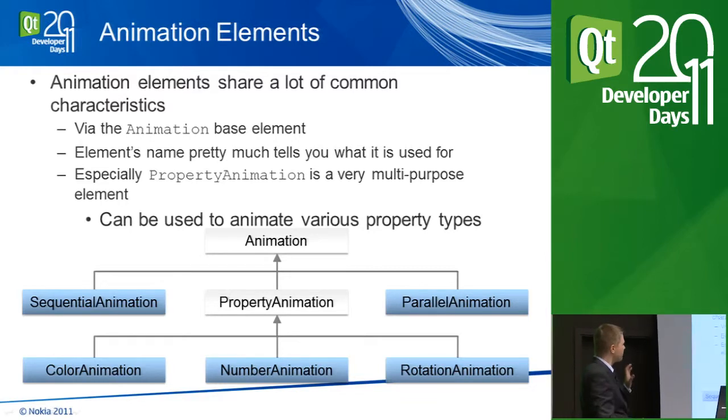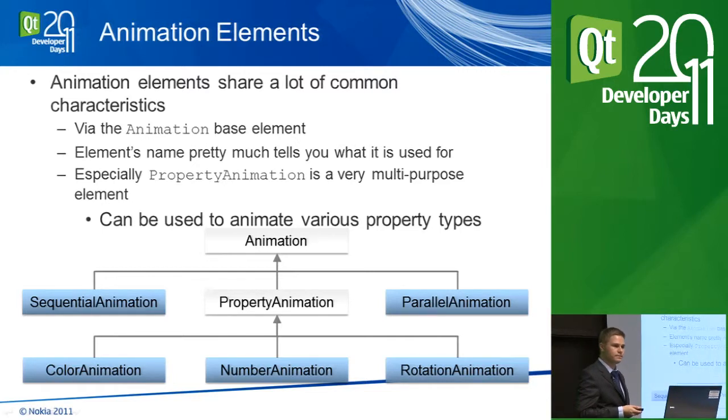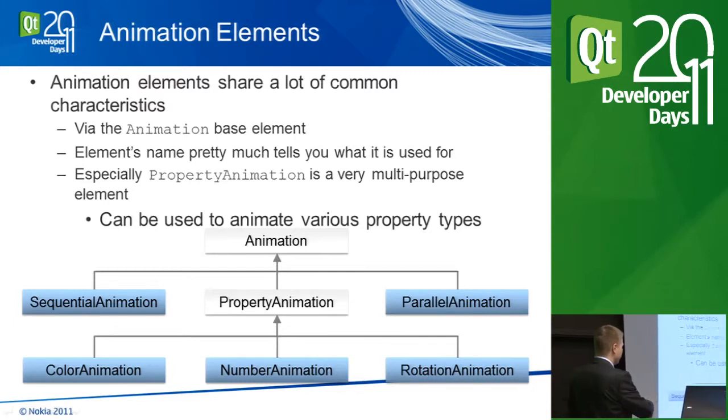So we have a number of different animations, as we saw previously. We saw sequential animation, number animation, and pause animation, right? Well, they all inherit from an element known as animation. Then there are sequential, parallel, and property animation.